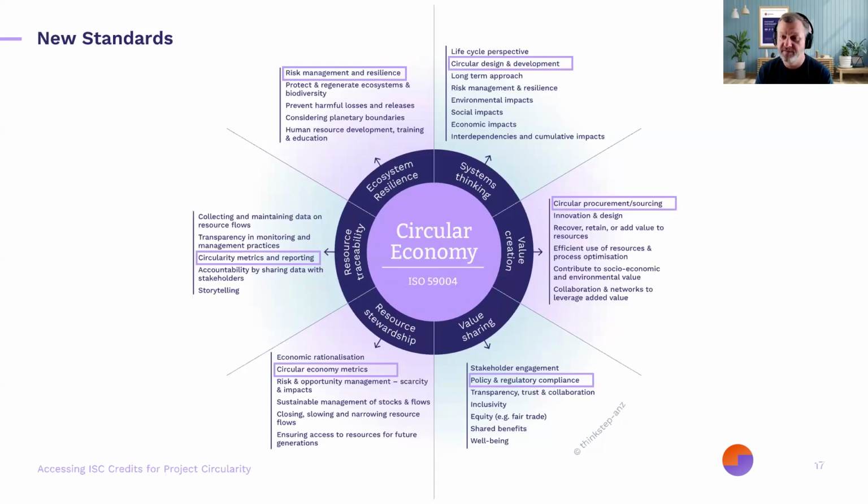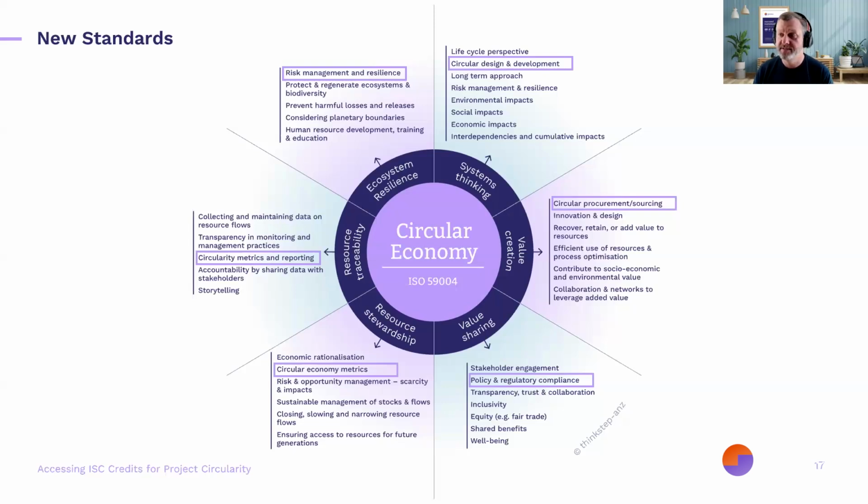So whether it's for design and development, procurement and sourcing, policy and regulatory compliance, we're seeing more circular economy oriented regulations coming through globally, or just understanding how we're handling our resources, how we're dealing with traceability over our circularity claims, and how we're delivering risk management and resilience in the context of ecosystem resilience. We're seeing these metrics come through.